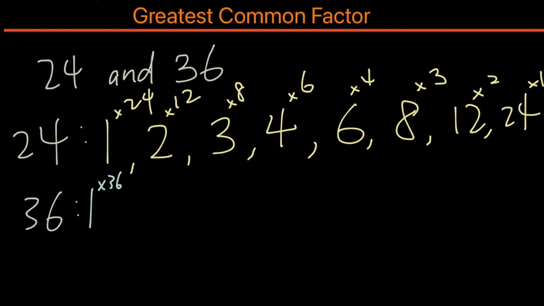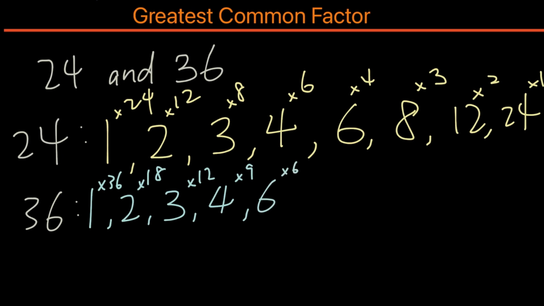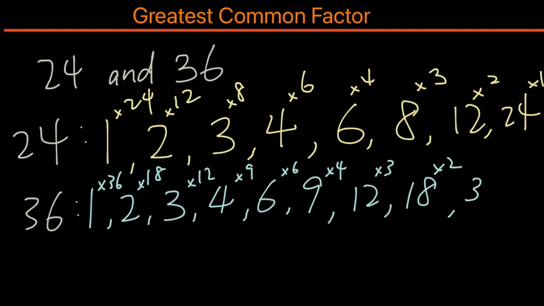So 1, 2, 3, 4, 6, 9, 12, 18, and 36. Okay, so what is the greatest common factor?